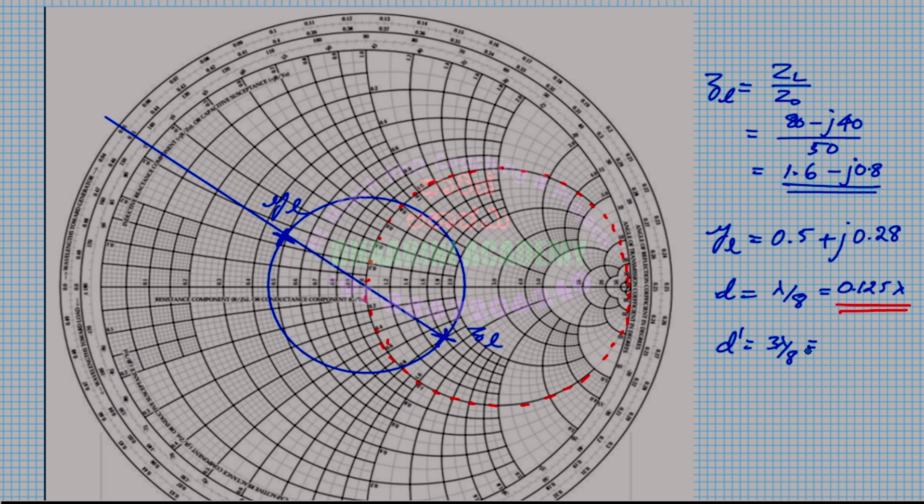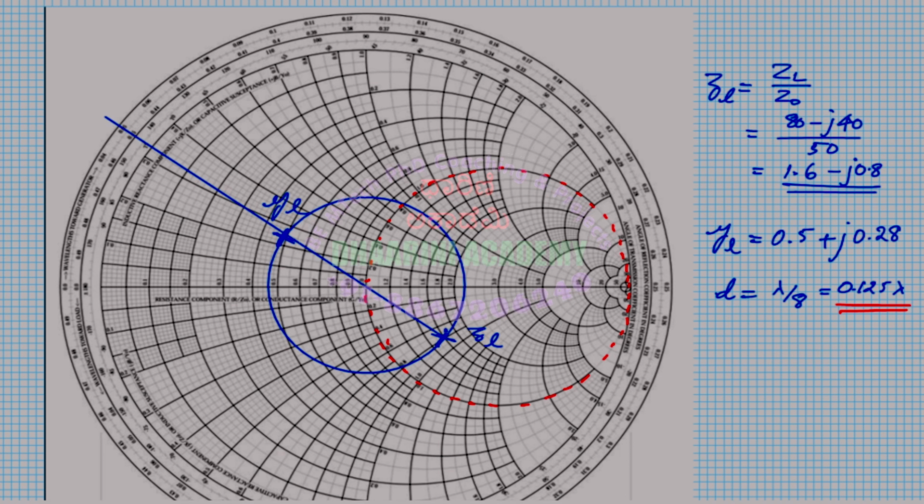Can you tell me what is 3 by 8? 0.375 lambda. So you will move by this much distance, that's all. That's the difference. Whatever value they give, they may ask lambda by 10, no problem. Any number given, you just consider that as the distance that you move.